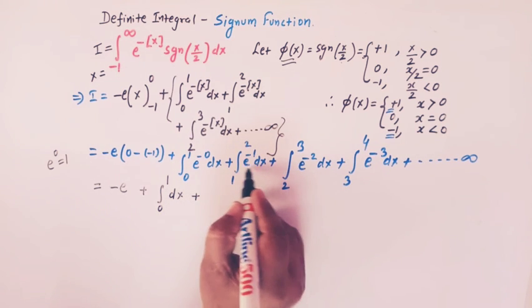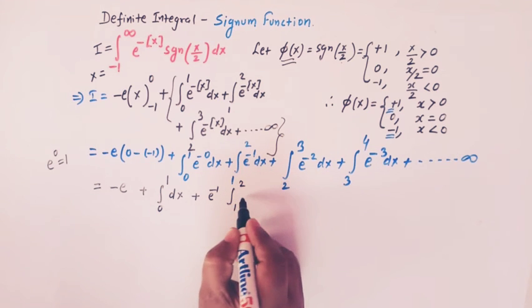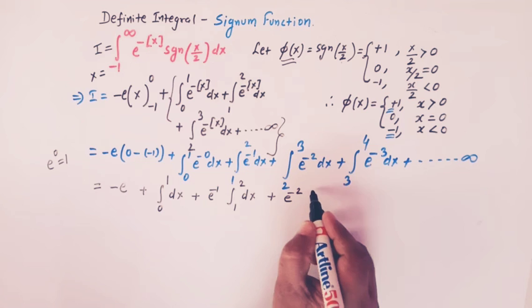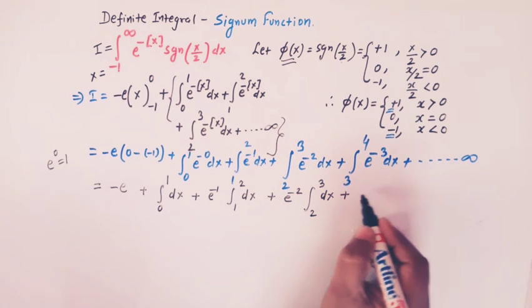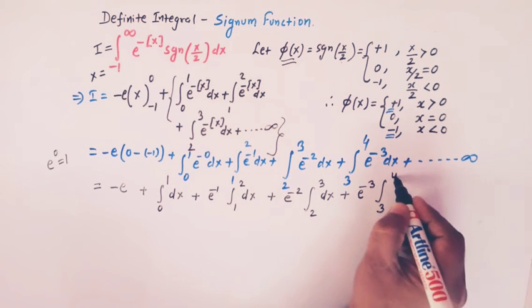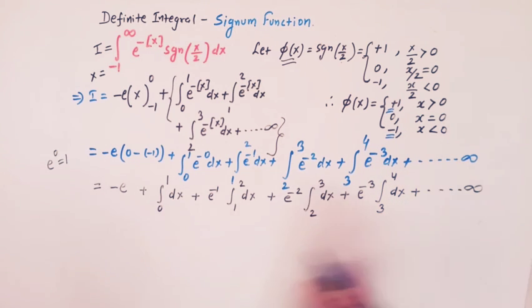And the second integral is e raised to minus 1, 1 to 2 dx. Then we have e raised to minus 2 and integral from 2 to 3 dx. Then we have e raised to minus 3, integral from 3 to 4 dx, and so on, right?